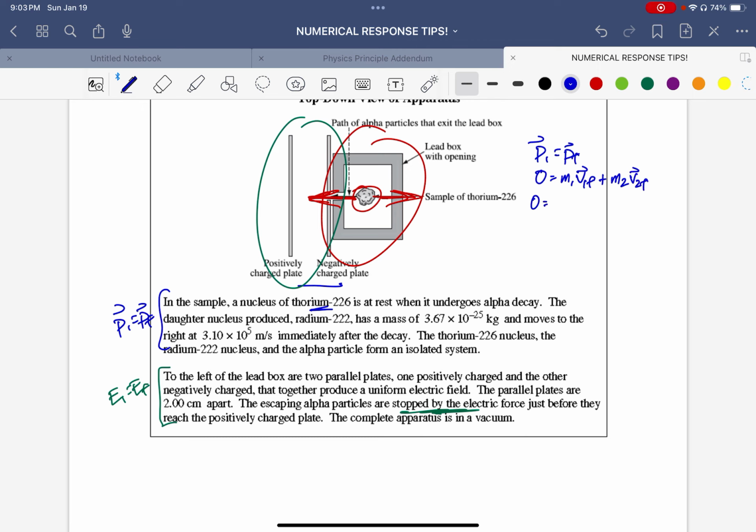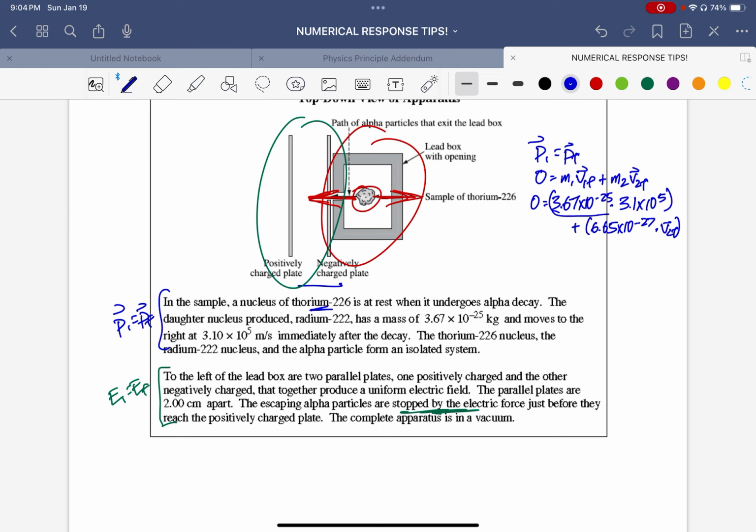The daughter nucleus, radium-222, has a mass, we're given that mass, of 3.67 times 10 to the negative 25 kilograms times V1F. We're given that speed. We're told that it goes to the right at 3.1 times 10 to the 5 meters per second, plus M2, the mass of the alpha particle, 6.65 times 10 to the minus 27 kilograms times V2F.